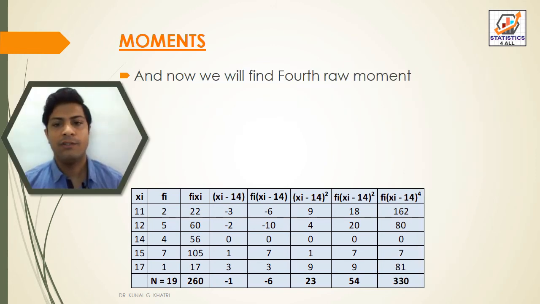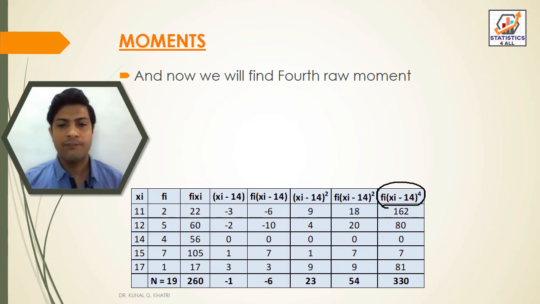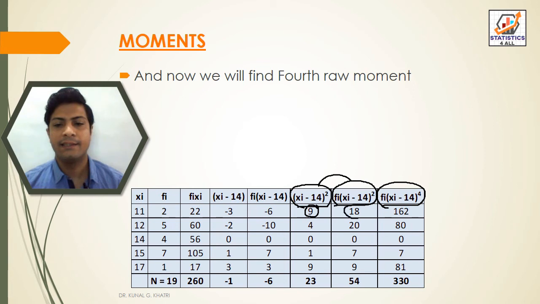And now we'll find the fourth raw moment. For that we first have to find fi into (xi minus 14) raised to power 4. So here, (xi minus 14) whole square into fi into (xi minus 14) whole square. So 9 into 18, that is equal to 162. 4 into 20, that is equal to 80.